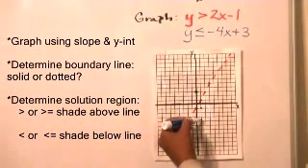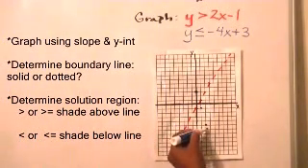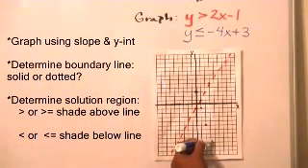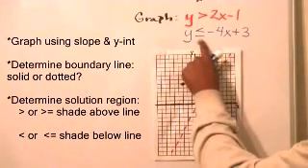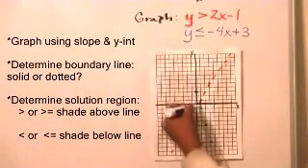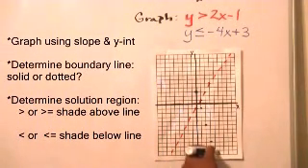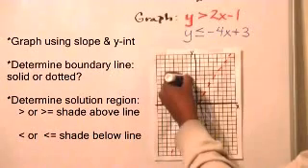Down 4 over 1. Because this is a less than or equal to sign, it's going to be a solid line. Anytime you see the equal to underneath it, it's an automatic solid line. So I'm going to connect these points with a solid line. Sorry, it's not straight.